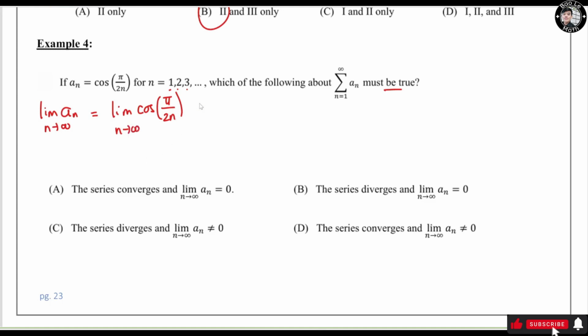So this becomes 0, so it's the limit of cosine of 0, which equals 1. This is not equal to 0, so by the n-term test, the series diverges. So the answer must be C.